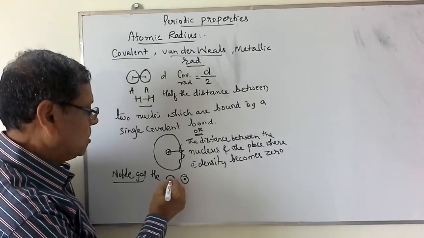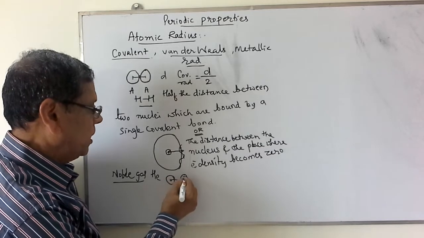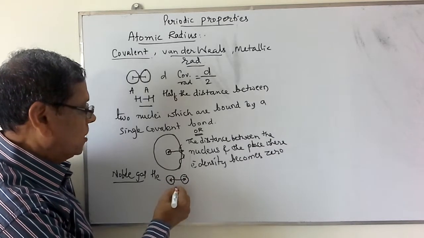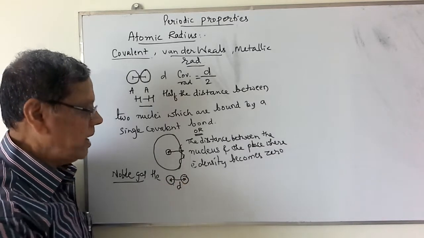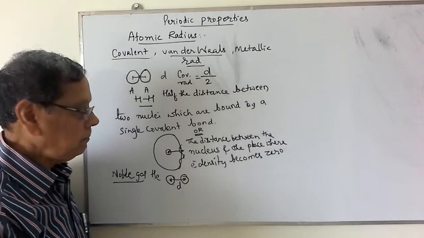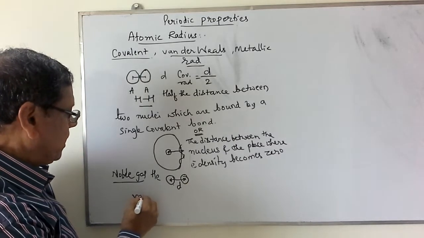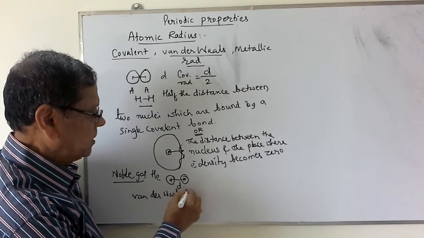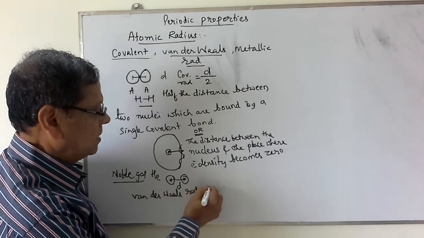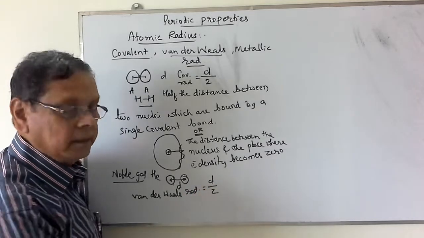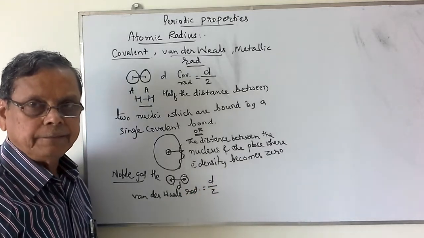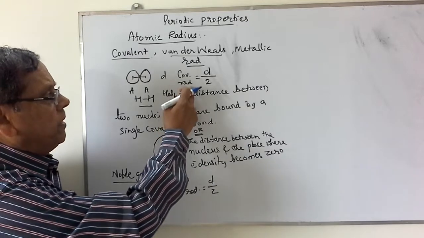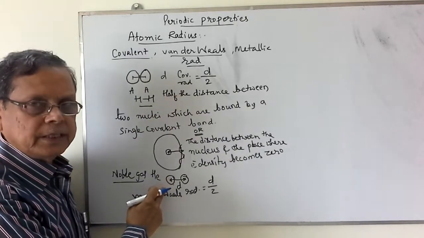This van der Waals force holds these two atoms at a certain distance. Assume that this distance between the two nuclei is d. Then automatically this van der Waals radius is defined as half of the distance between the two nuclei. Now compare this covalent radius and van der Waals radius.